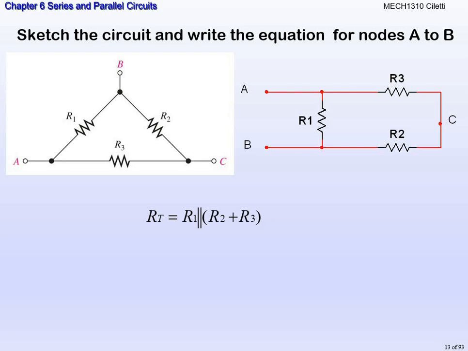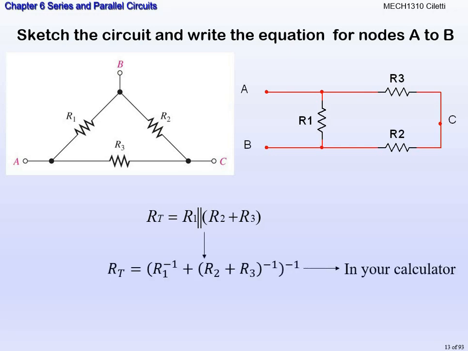Hopefully you can see that. And this is from the perspective of terminals A, B, if we were to plug something into A and B, and what we would read out. In your calculator, it translates down to this. You would have R1 inverse, and then you would do the quantity first of R2 plus R3 because they're in series, then inverse that, and then take the inverse of that entire piece in your calculator.